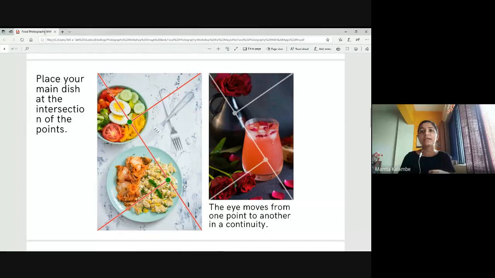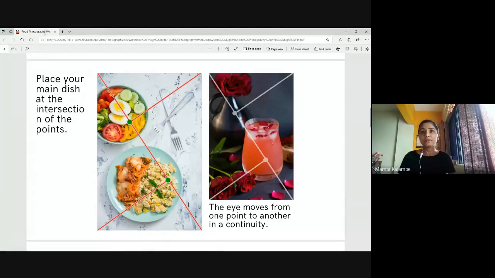Whenever you're shooting, especially in vertical or even in a horizontal format, draw a 90-degree line from both ends of the image, and the line meets right at the center. First, you draw a line which cuts the image in half in a triangular shape, and then there are these two intersecting lines which come from the end of the image. Where these two points intersect is where you place your important elements.